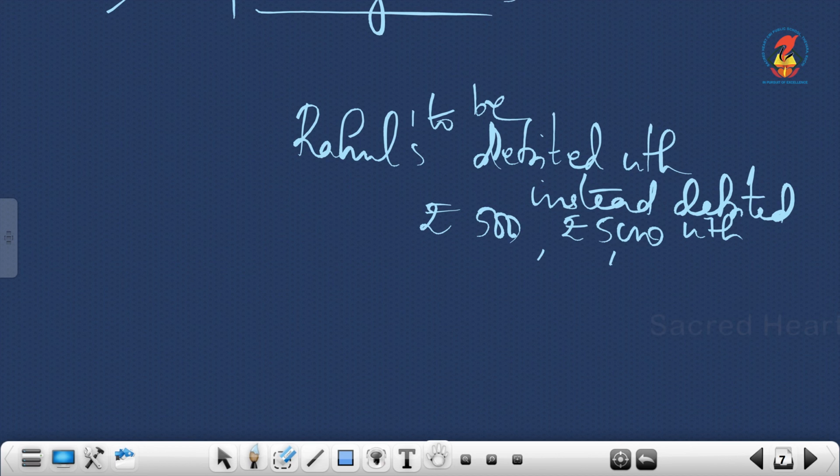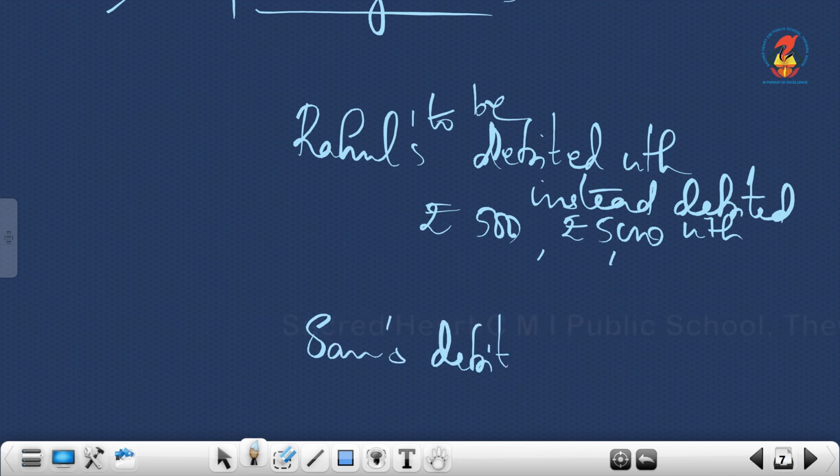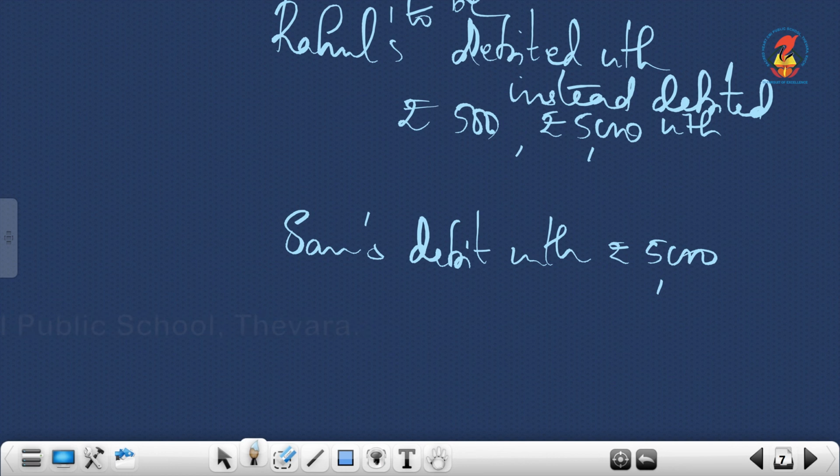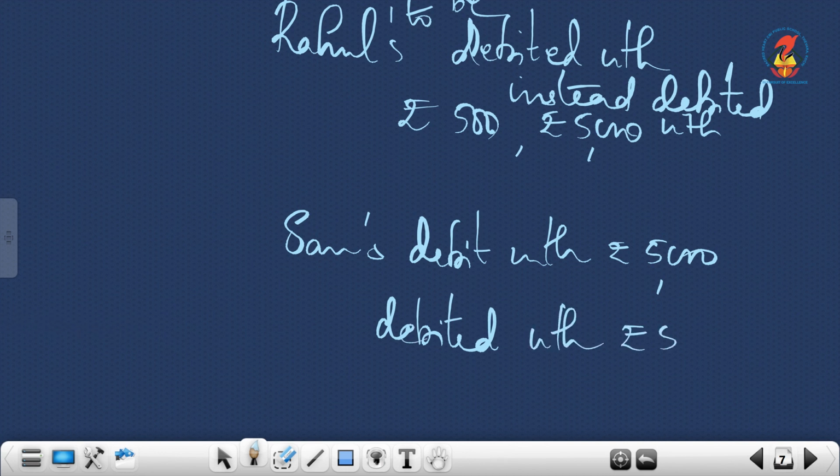Now, the same type of error you committed, like Sam's account you had to debit with rupees 5,000, the reverse we will take. Sam's account you had to debit with rupees 5,000, instead of that you debited it with rupees 500.